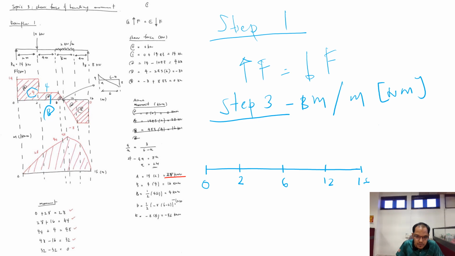So here you go up until 28. Okay, and then 28 plus 16, which is 44.